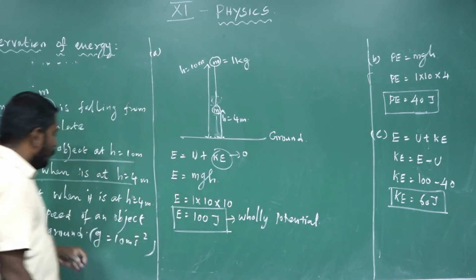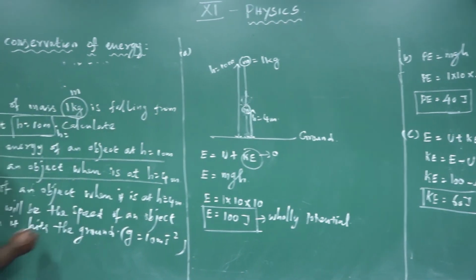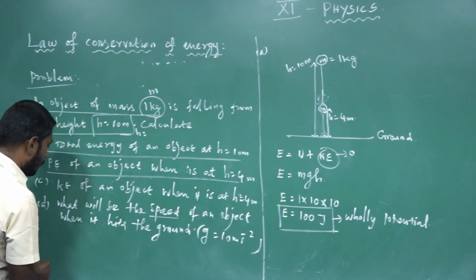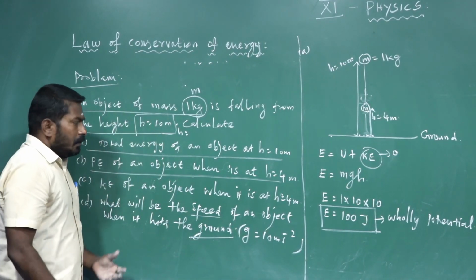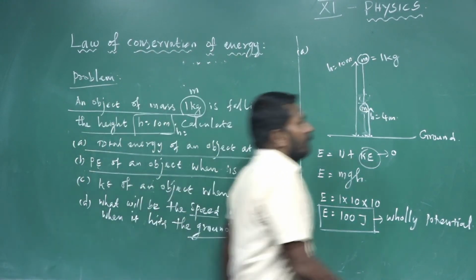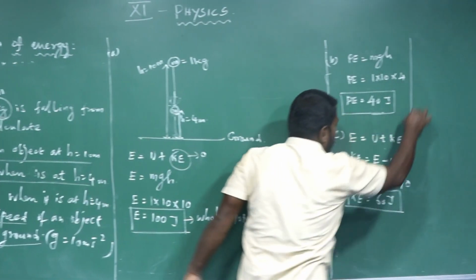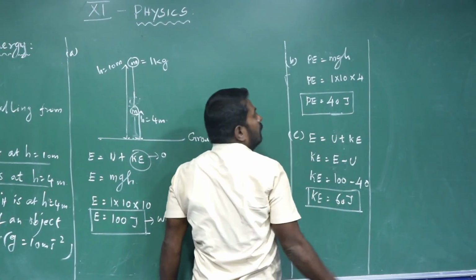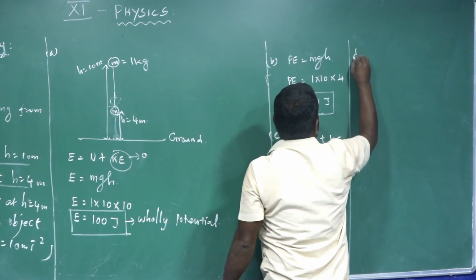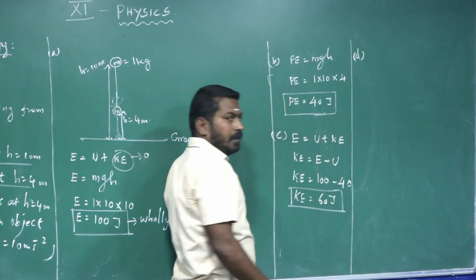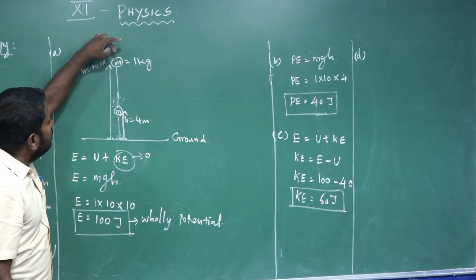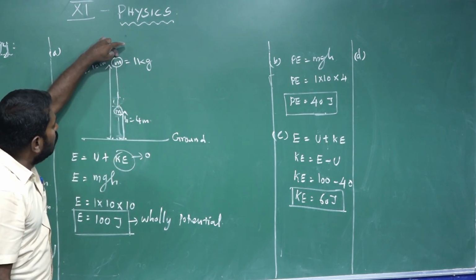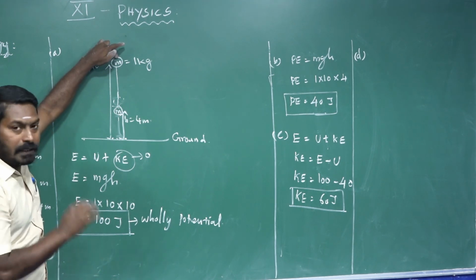Next, we aim to calculate the speed of the object when it hits the ground. So D, speed of the object when it touches the ground. Dear students, in a freely falling object, at a particular height from the surface of the ground, the initial speed of the object is 0.